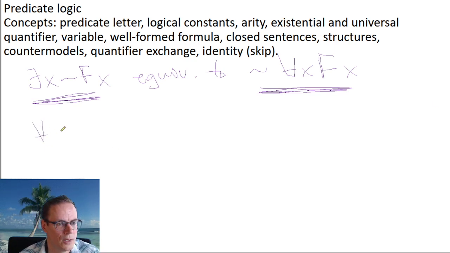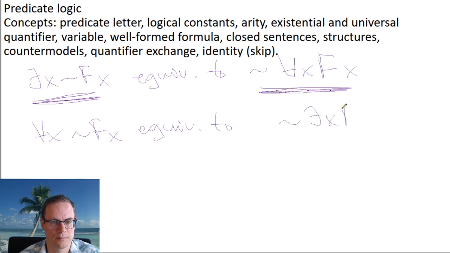If you say for all x not fx, that's equivalent to it's not true that there's an f. You know, if everybody is immortal, nobody is mortal. Everybody is immortal.